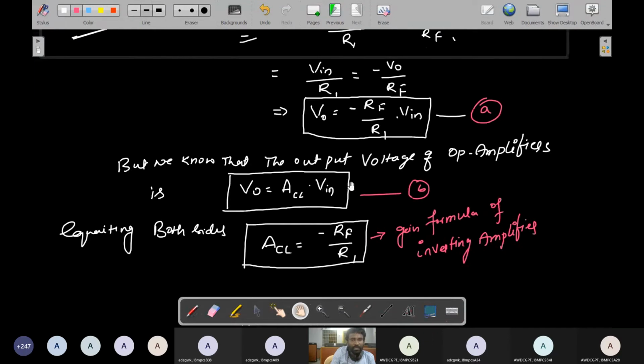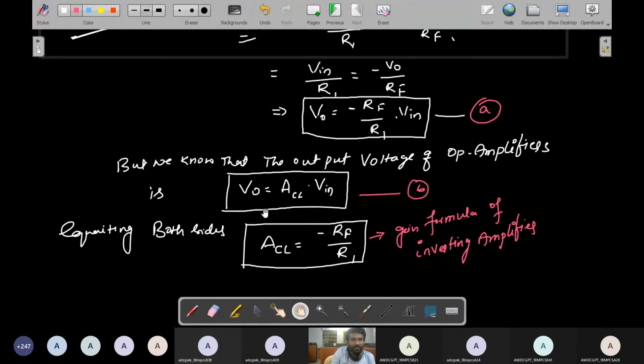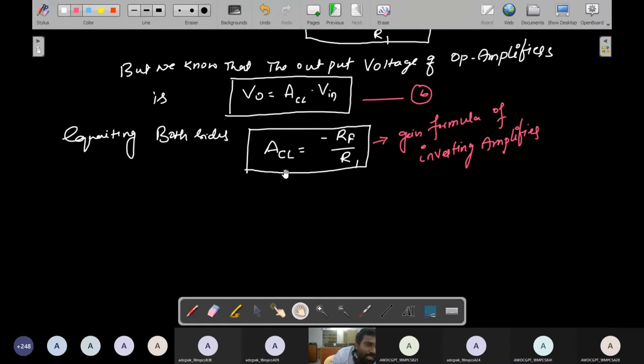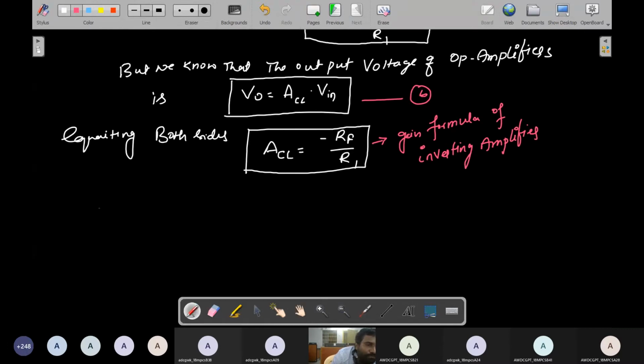But we know that the output voltage of the operational amplifier is V0 equal to ACL into Vin. So equating both sides of equations A and B, finally we get the equation called the closed loop gain of the inverting operational amplifier.